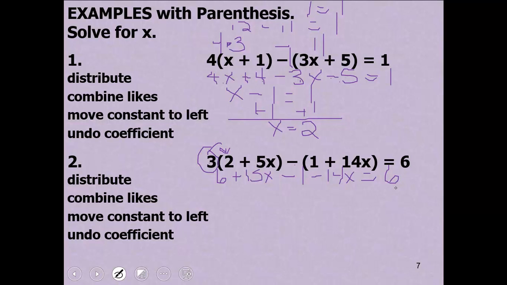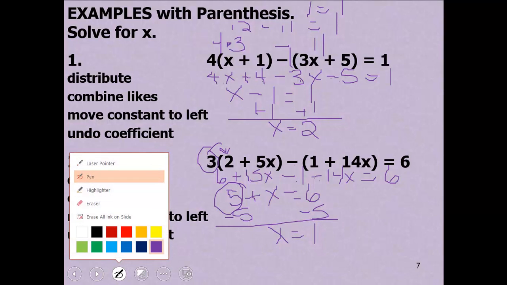I have a 6 and a negative 1. So 6 minus 1 is 5. And then I have 15x minus 14x. That gives me a positive 1x is equal to 6. I have to move my 5 to the other side, and I get x is equal to 1.